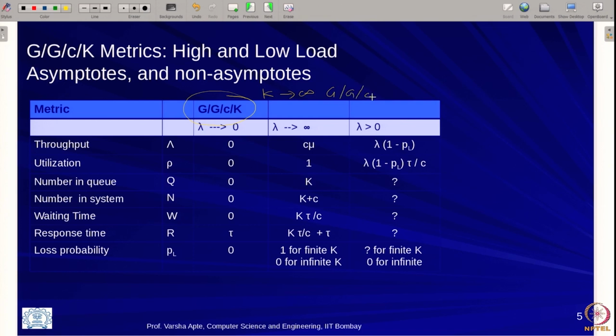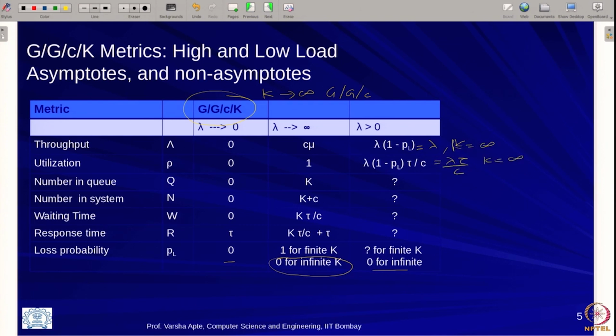For example, we know that there is no loss in infinite buffer systems. So, PL becomes 0 for infinite k, and the loss probability is basically just 0 if there is an infinite buffer. Here also this becomes lambda if k is infinity, and this is also equal to lambda tau by c if k is infinity.